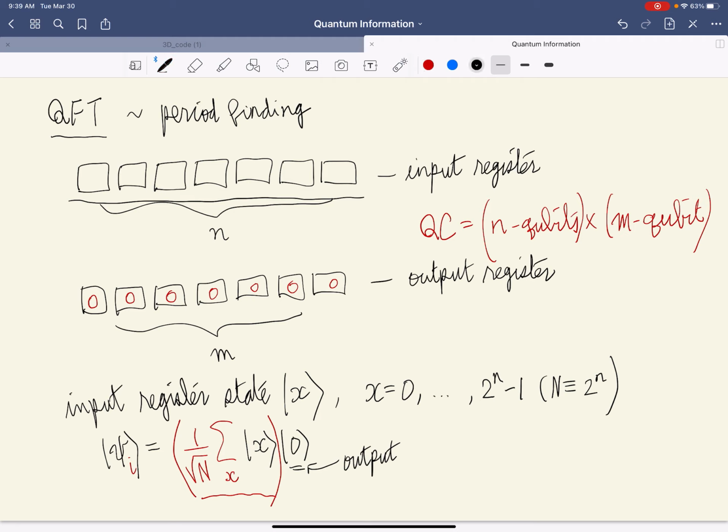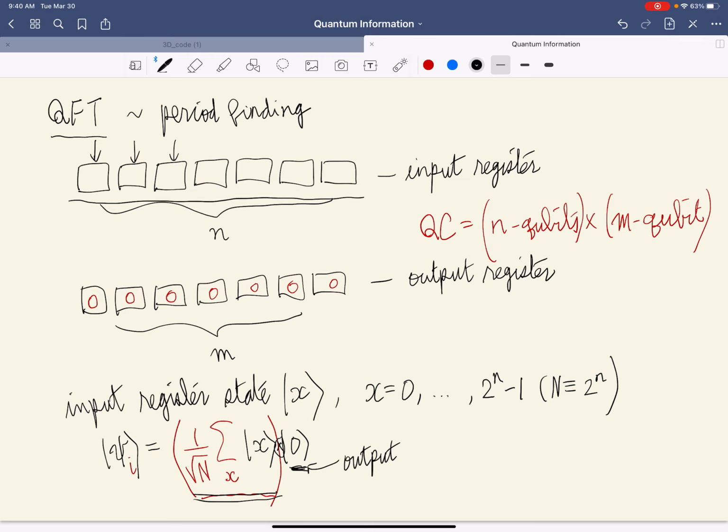By application of the Hadamard gate to each and every one of these input register qubits, we can realize such an initial state for the input register side, while keeping the output register side in this simple form. There is a tensor product or direct product symbol that should have been there, but since it's obvious from the context, I will often omit writing it.